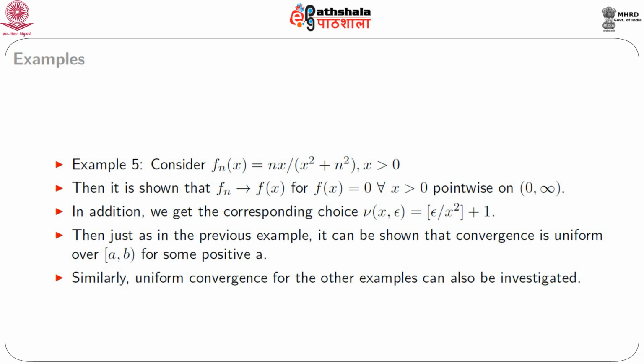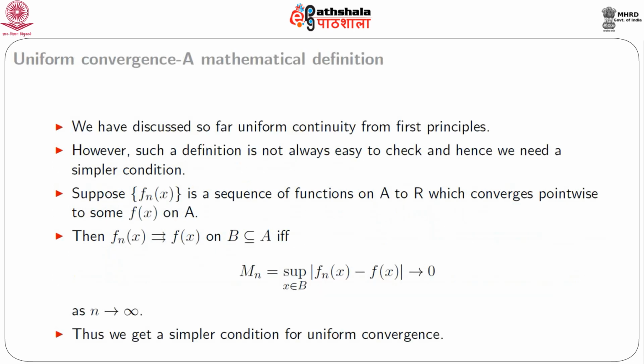Similarly, uniform convergence for the other examples that we have discussed in the case of pointwise convergence can also be investigated. So far we have discussed uniform convergence from first principles, that is, whether a maximum value of N(x, epsilon) exists or not, or if it exists, on which interval it exists, and by finding such an interval we have decided uniform convergence of the sequence of functions.